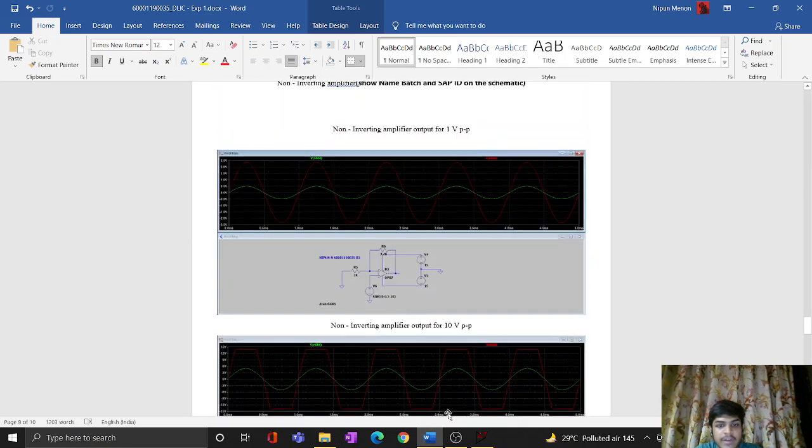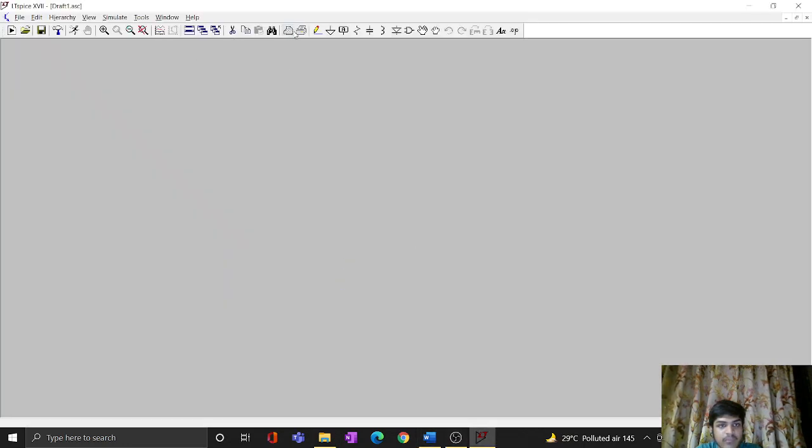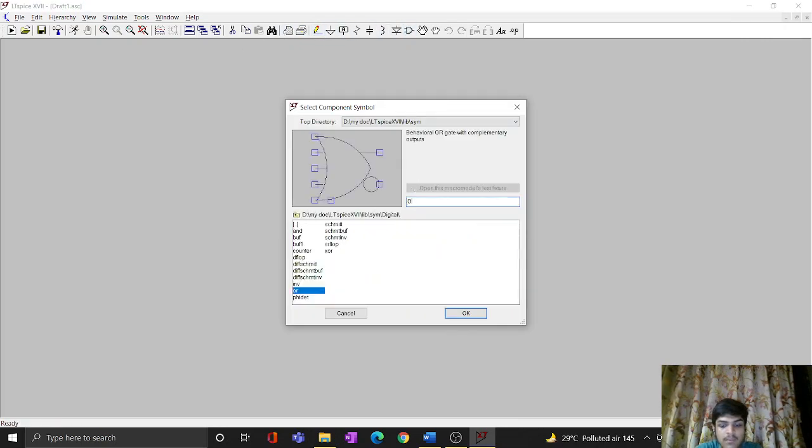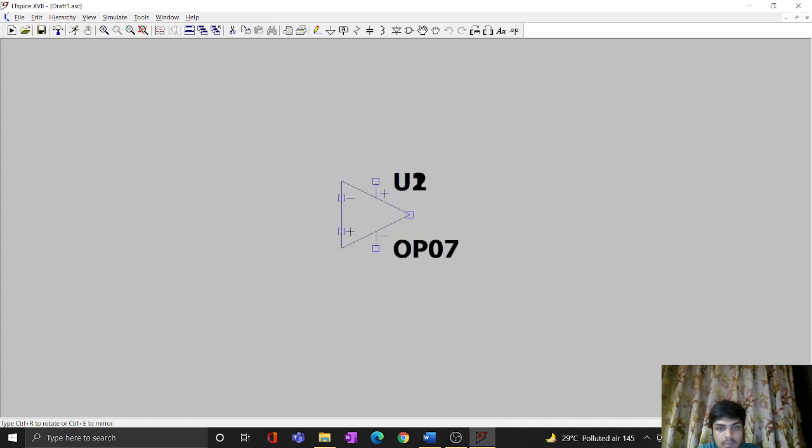For the non-inverting, I'll use the same components. This will be the feedback resistance, this will be the input resistance.